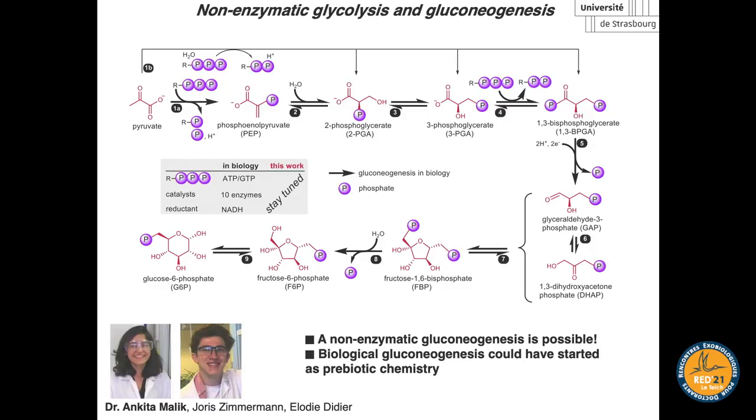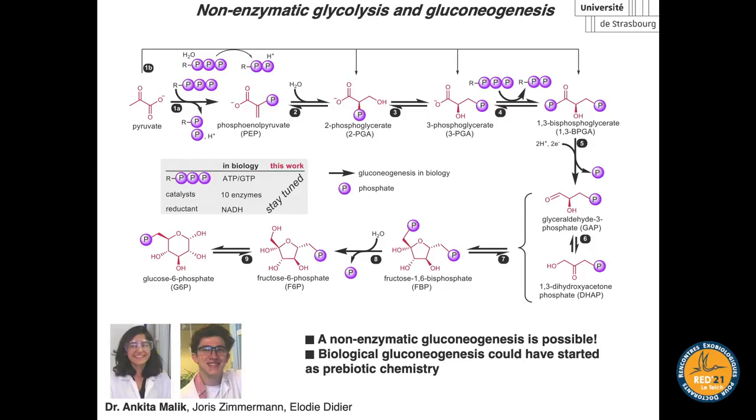And most of the intermediates in the gluconeogenesis pathway are phosphorylated, so they contain phosphate groups. This pathway starts from pyruvate, and after phosphorylation, you obtain a molecule called PEP, phosphoenol pyruvate.